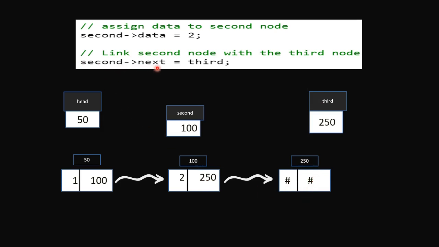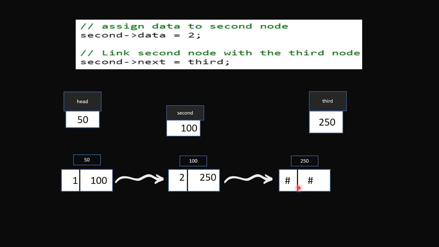Hence we do second arrow next equals third. Third is the pointer to this node, that means this third pointer is storing the value 250. Hence if we assign third to second arrow next, then 250 will be updated here. That means this link has also been made.